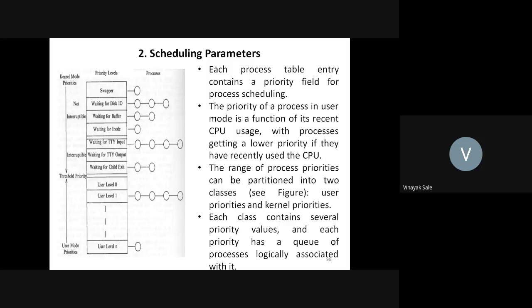The range of process priorities can be partitioned into two classes as shown in this figure: kernel mode priorities and user mode priorities. These two parts are separated by a threshold priority, and each class contains several priority values, and each priority has a queue of processes logically associated with it.